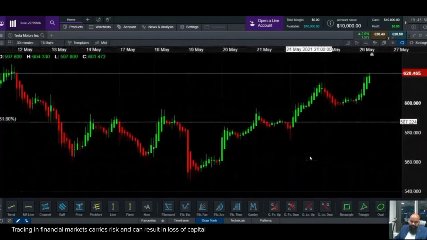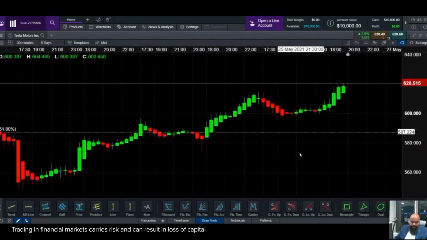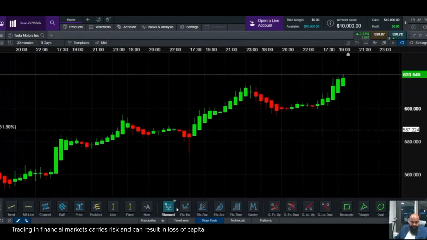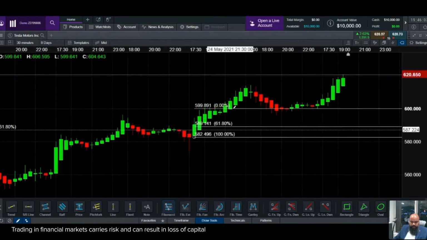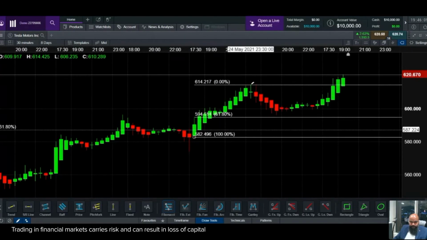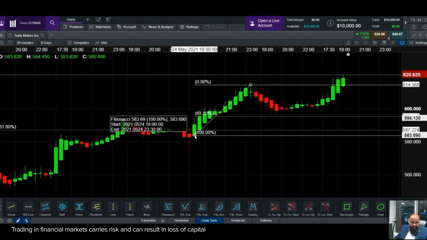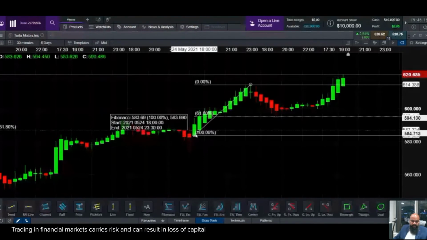You need to identify, let's just look at the current market price. This is on a 30-minute chart. We see Fibonacci here. So this did not come till 61.8, or I think it did. Yeah, so this was a move that is happening on the 30-minute chart on 24th of May.